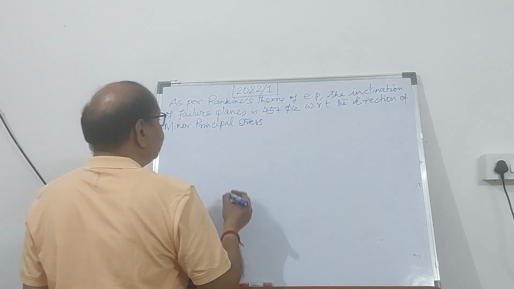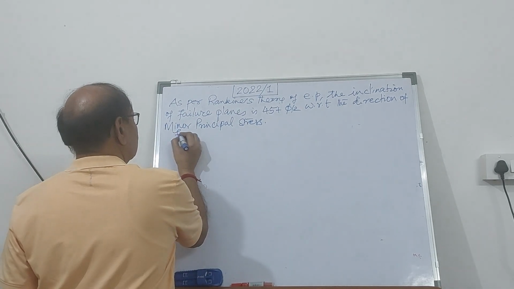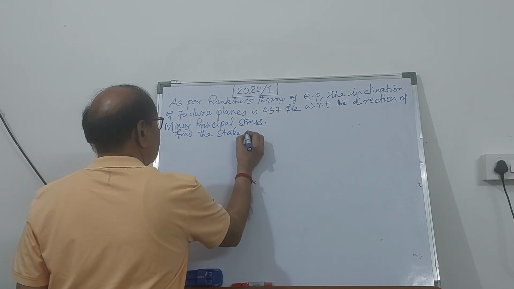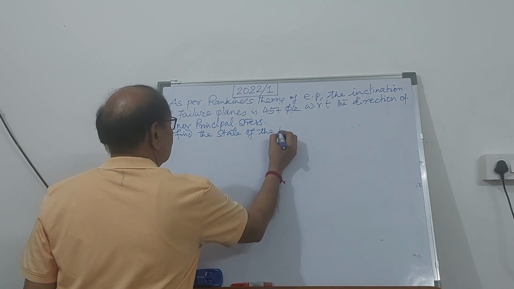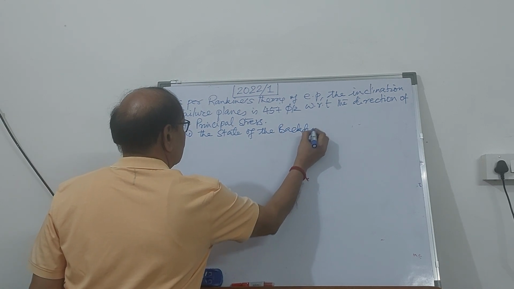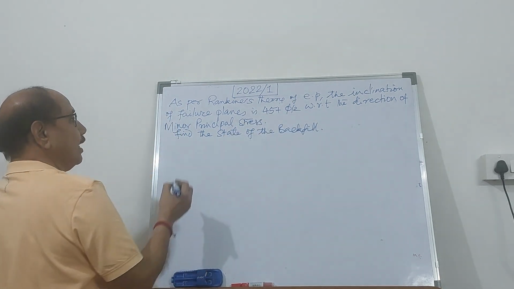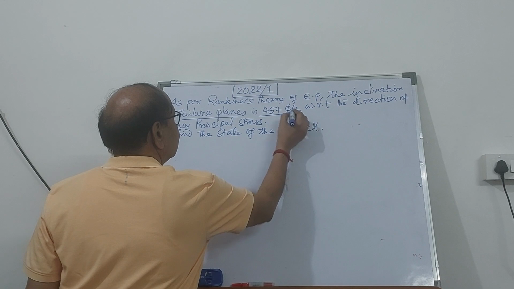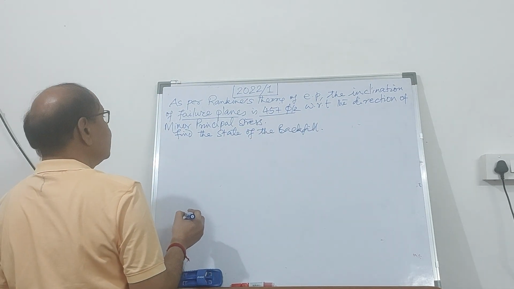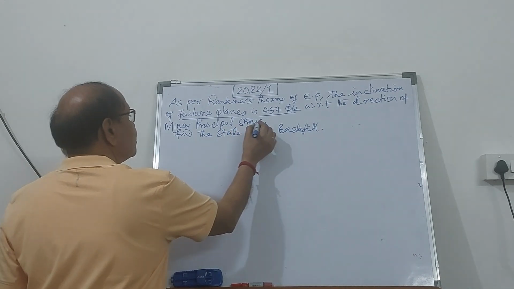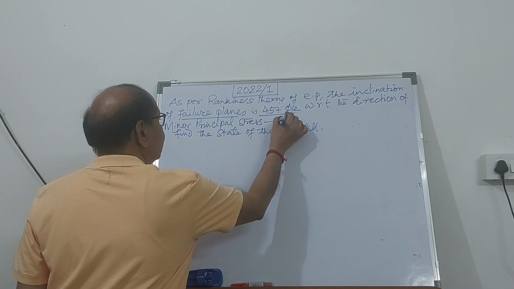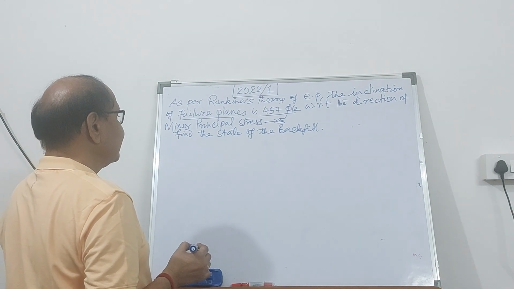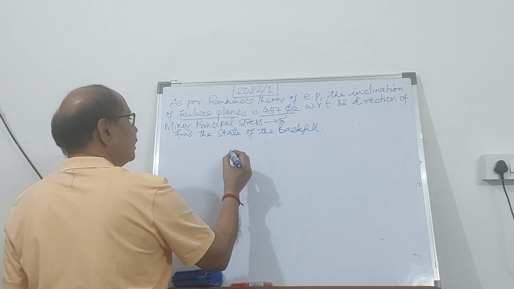Find the state of the backfill. So, as per Rankine's theory of earth pressure, the inclination of the failure planes is given over here with respect to the direction of the minor principal stress. Minor principal stress is going to be sigma 3. Major is sigma 1, minor is this. Find the state of the backfill.